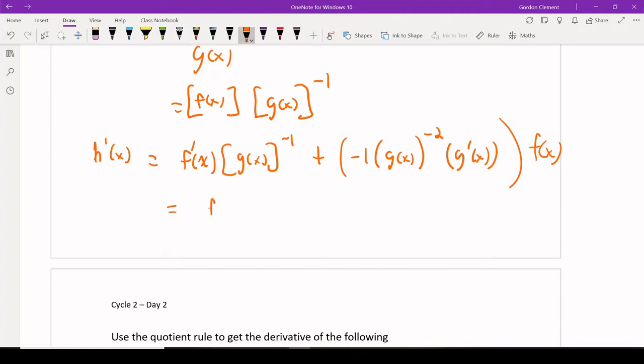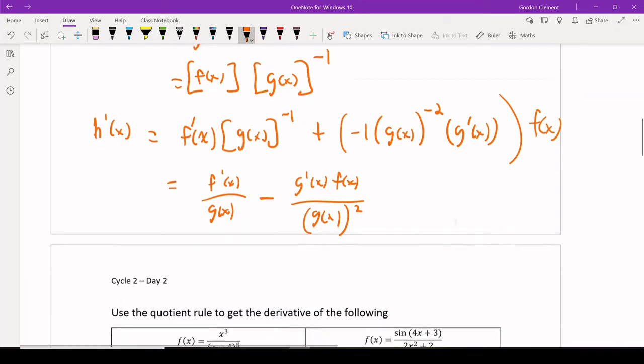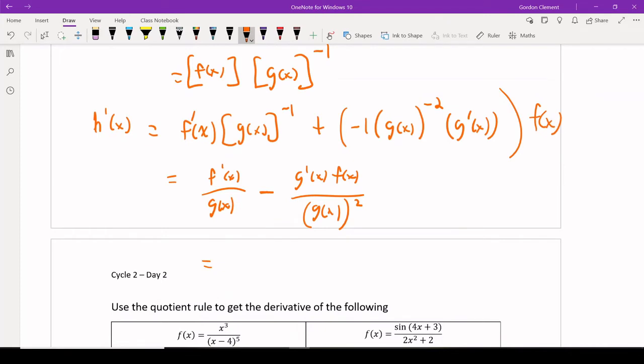And then from there you get f primed of x over g of x. If I bring that negative exponent back down, I'm going to get minus, because of this minus, g primed of x, f of x over g of x squared. And then you can see to make it a single fraction, I'm going to multiply top and bottom of this fraction by g of x to give myself the common denominator.